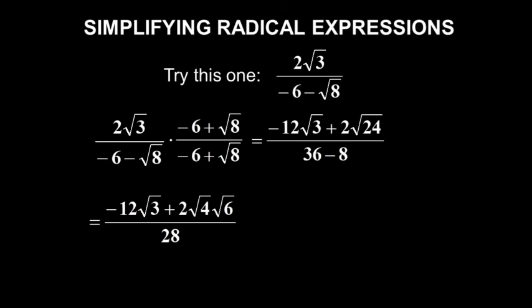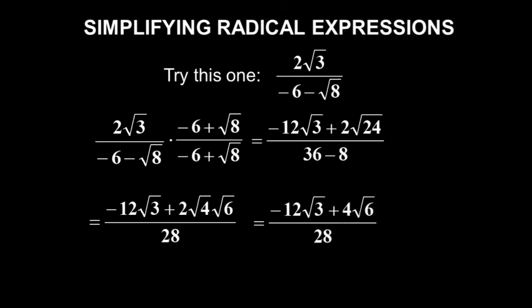Simplify further. We will have negative 12 square root of 3 plus 2 square root of 24. 24 has a perfect square factor. So we can write this one as 2 square root of 4 times the square root of 6 using the product property of square roots over 36 minus 8, that is 28.